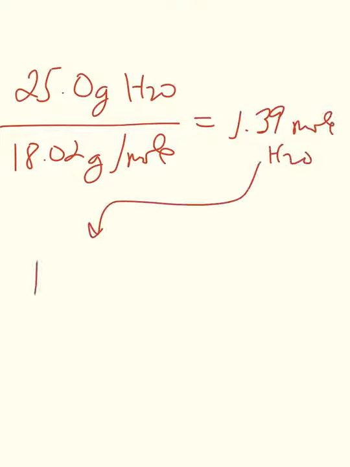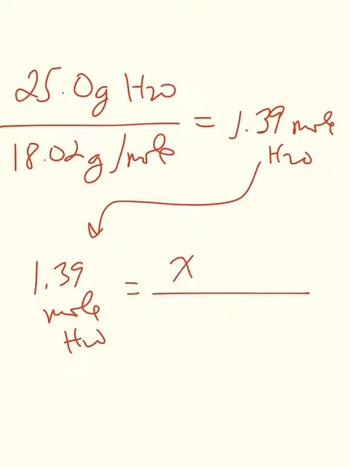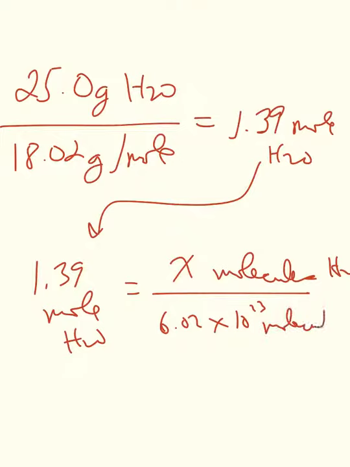Then I take that and plug it into the second formula. I'm solving for my x, the number of molecules of water, and so that's plugging in Avogadro's number, molecules per mole.